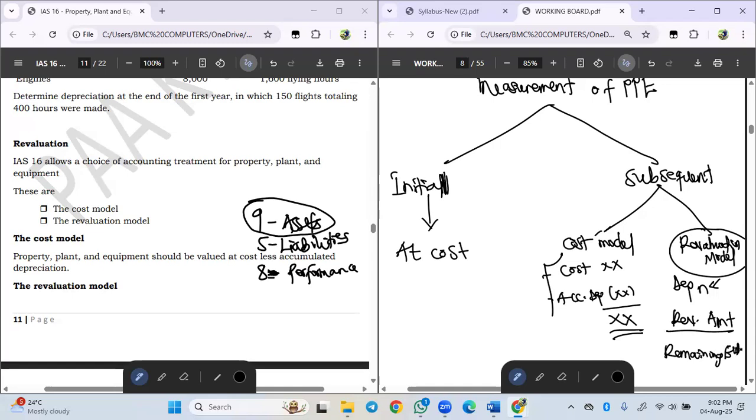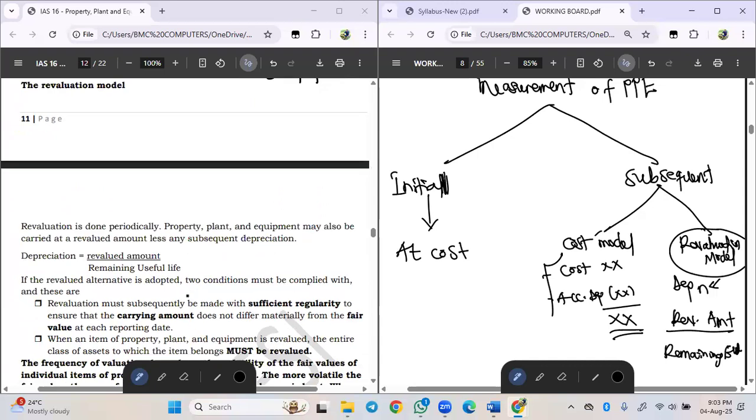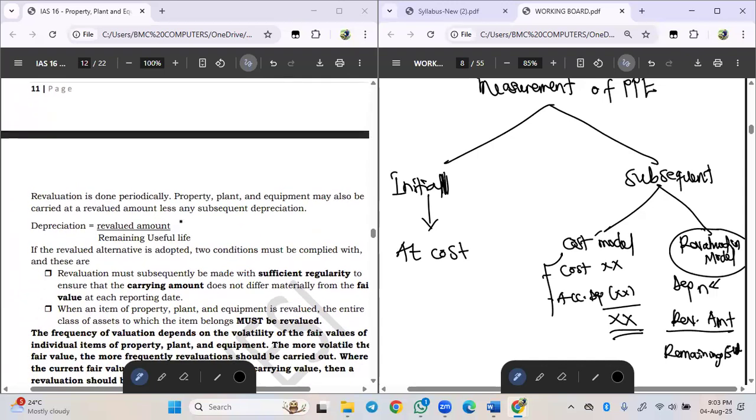Don't worry, we will solve questions and you will understand all I'm trying to say. The depreciation uses the revalued amount over the remaining useful life, not the original. That means whatever life is left after the revaluation, that's what you are going to use.